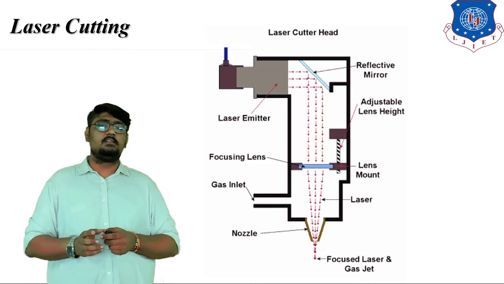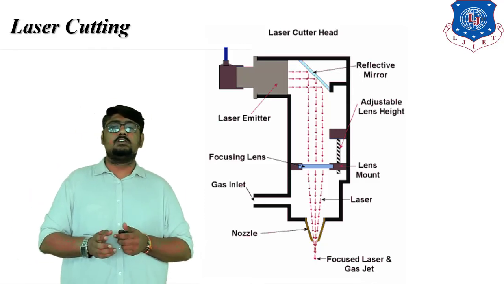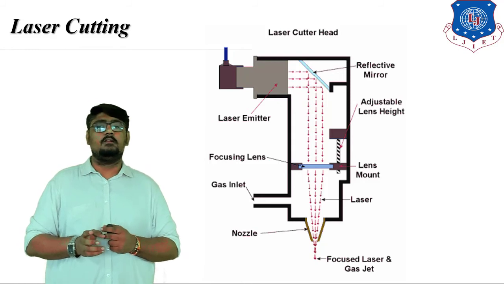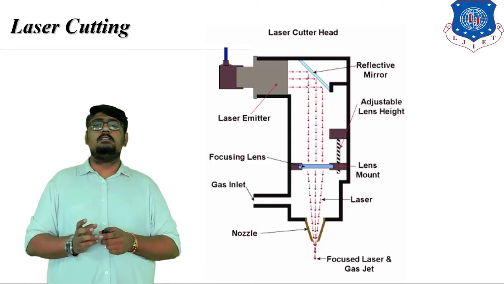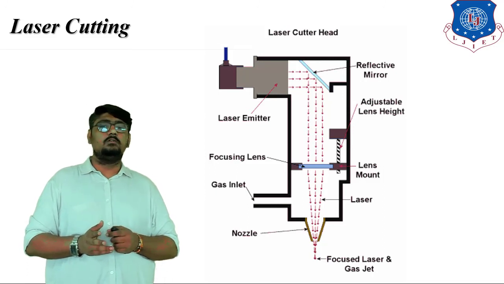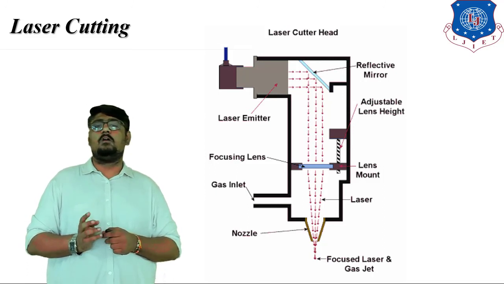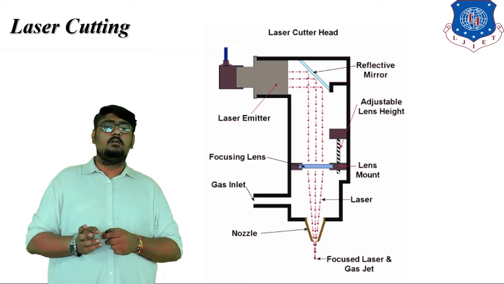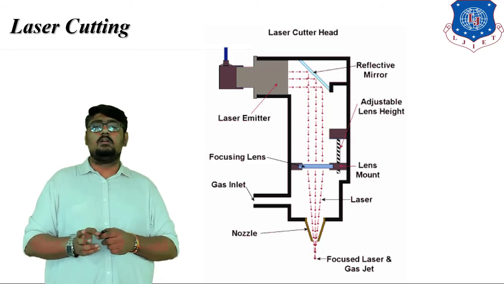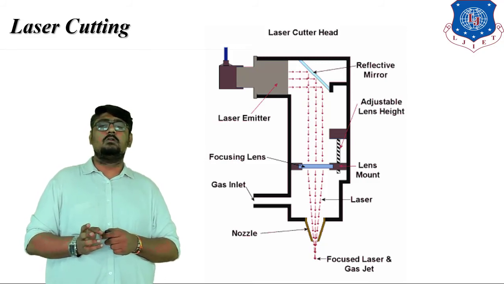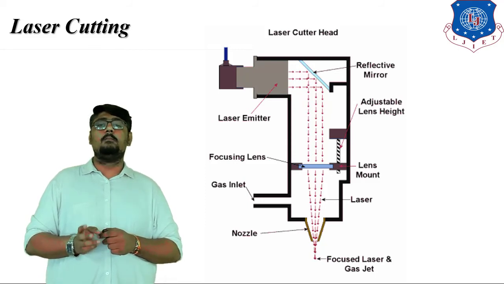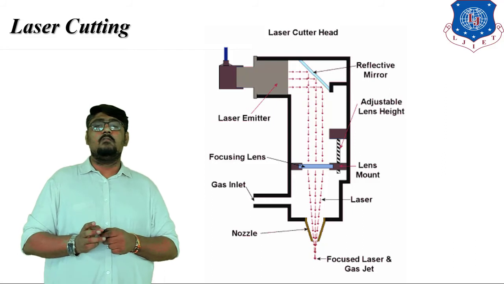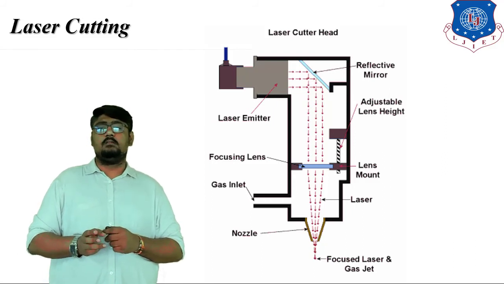It is the laser and not the burning gas which controls the accuracy of the cutting. The cutting rate gets increased when oxygen is used. It is used in cases where oxidation is allowed. Nitrogen or argon can be used to cut materials like wood, paper, plastic, etc., which are oxide free.